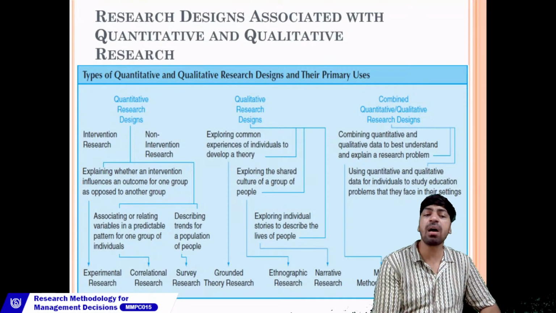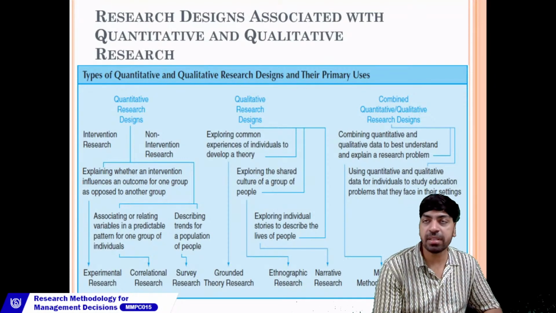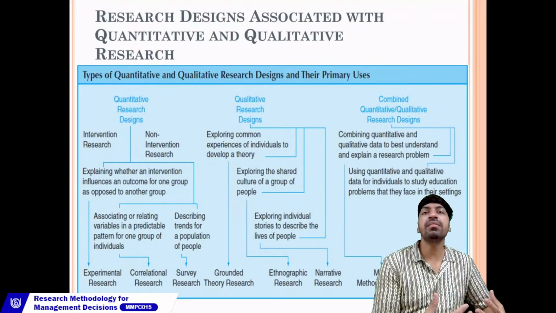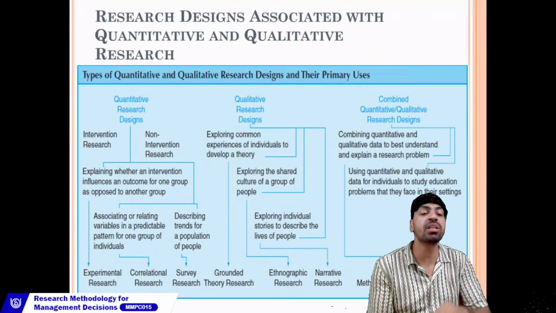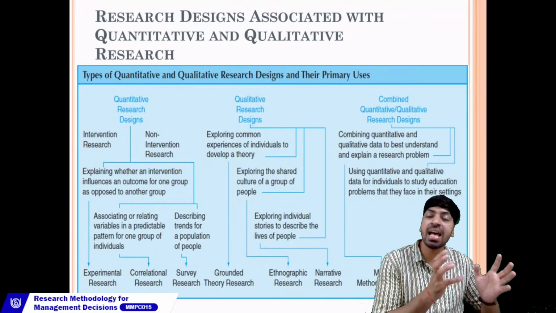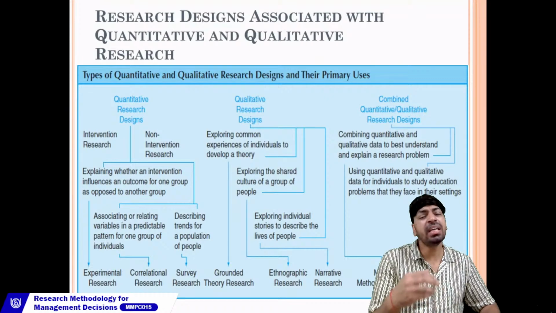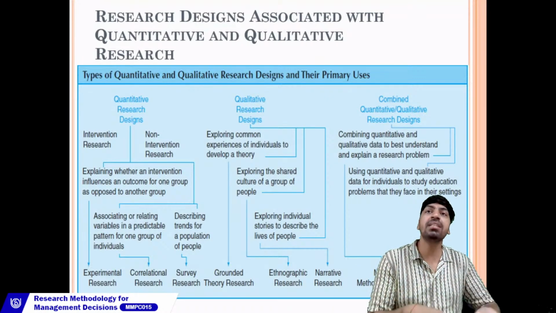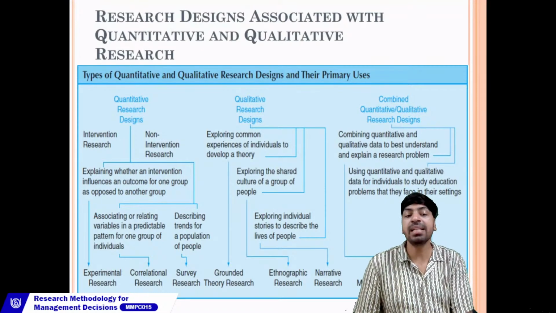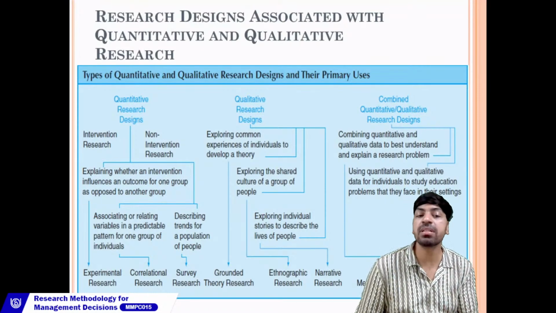So when we talk about the experimental research design, it explains whether the intervention which has been applied influences the outcome of one group as against another group. That's called the experimental research design.